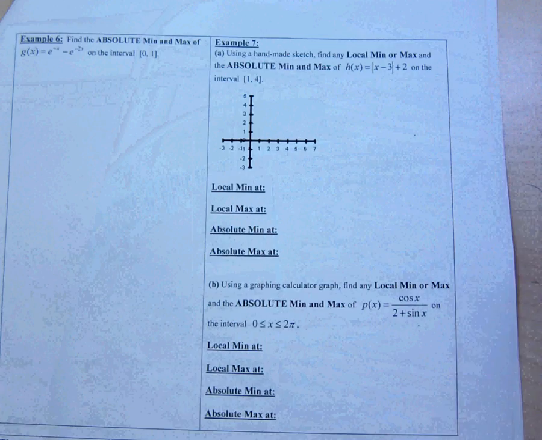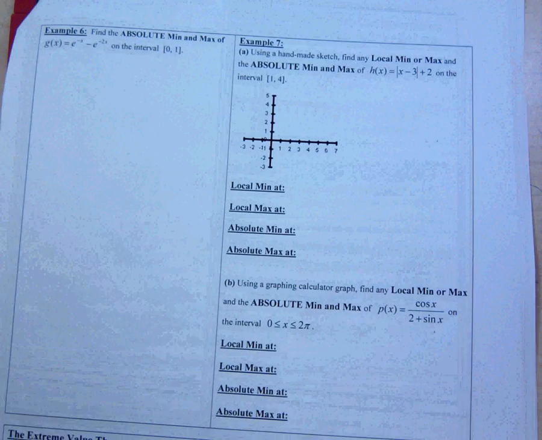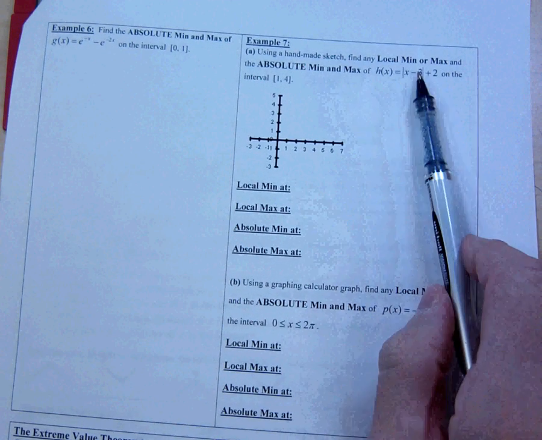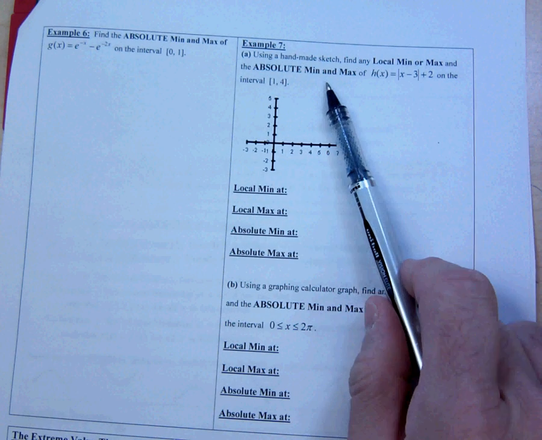All right, so I want to use a handmade sketch to find any local mins and maxes and then any absolute mins and maxes for this function on the interval 1 to 4. Are you ready?